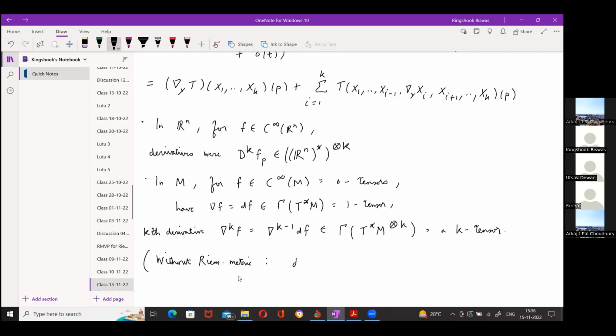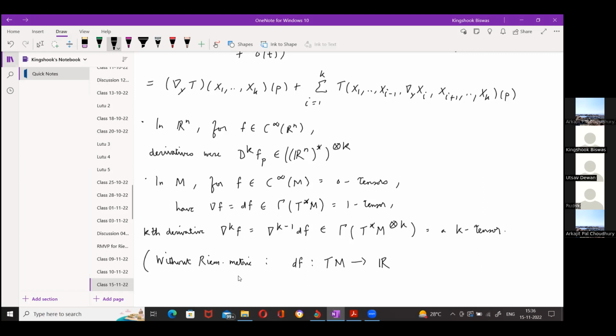You get that df is a vector bundle map from the tangent bundle TM to R. This is a smooth map from TM to R.